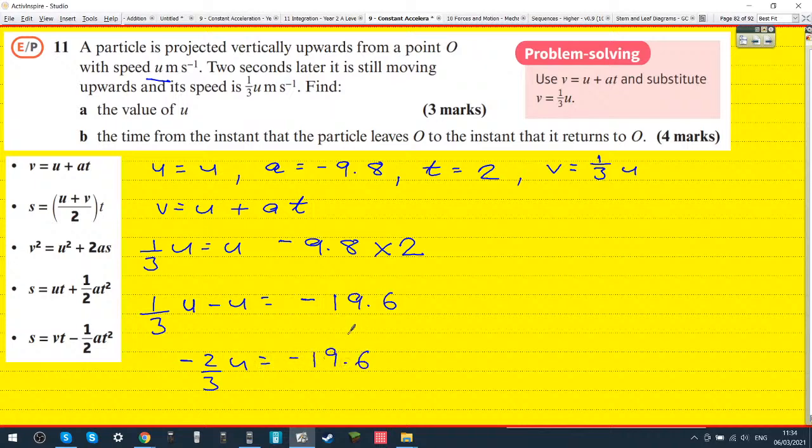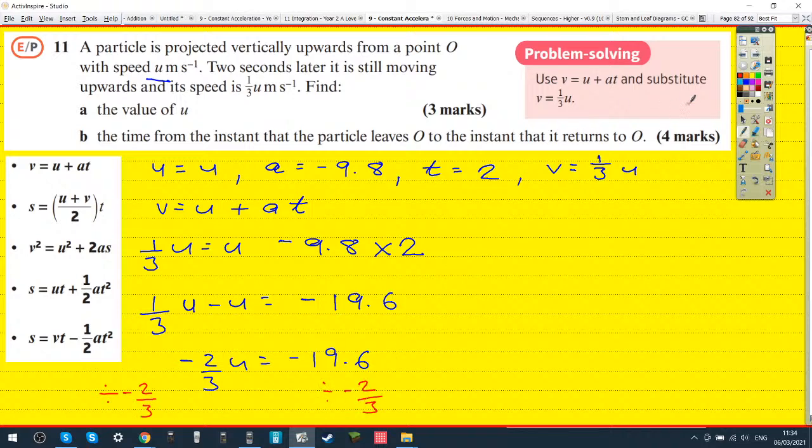Minus 2/3 u equals minus 19.6. And then divide both sides by minus 2/3. Okay. Which gives you 29.4.